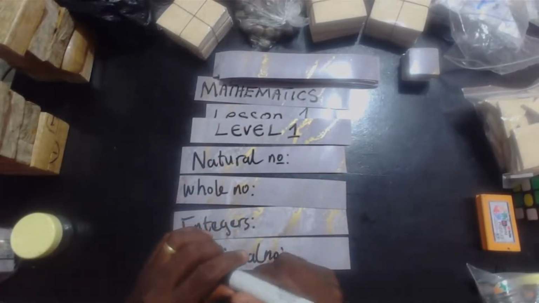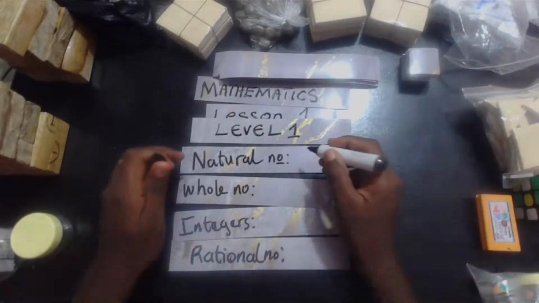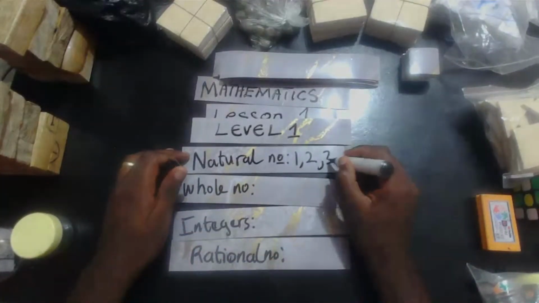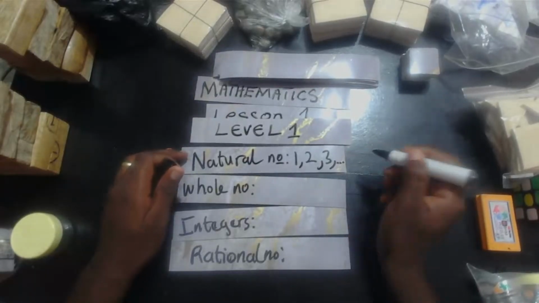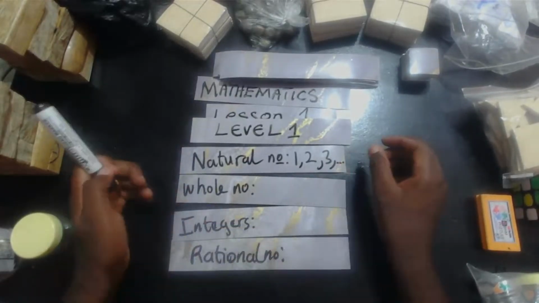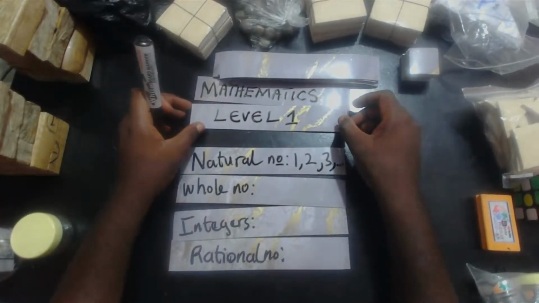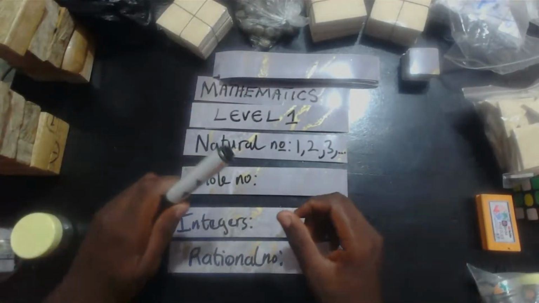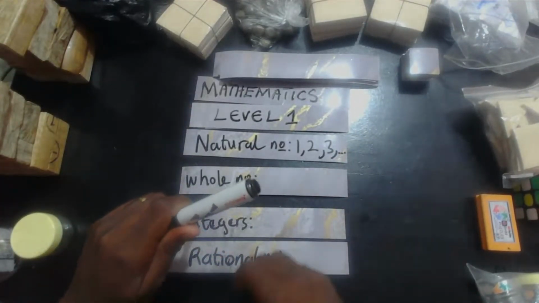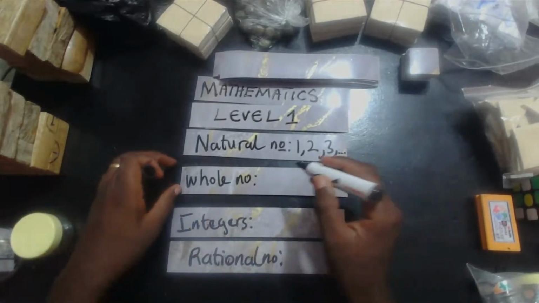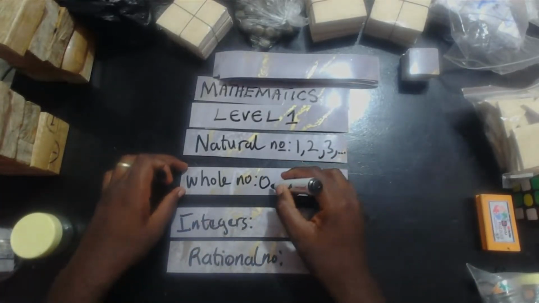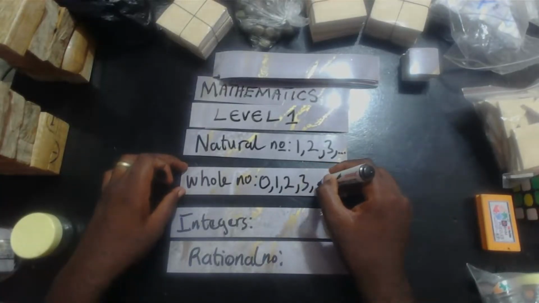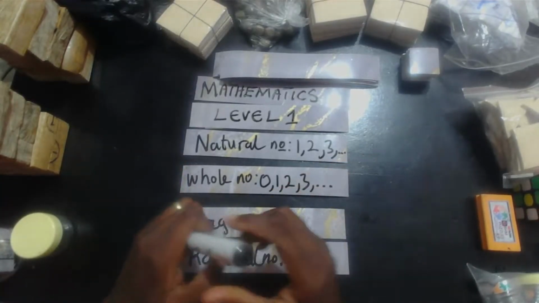We have natural numbers starting with 1, then 2, then 3, then dot dot dot. Nice. What do we recall about whole numbers? Whole numbers, we will start obviously from 0, then 1, then 2, then 3, then it continues.